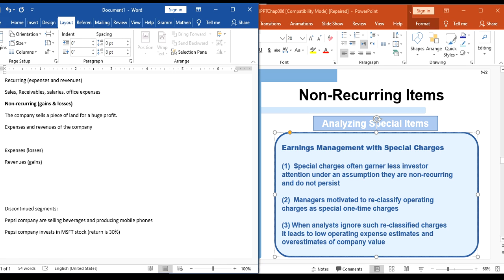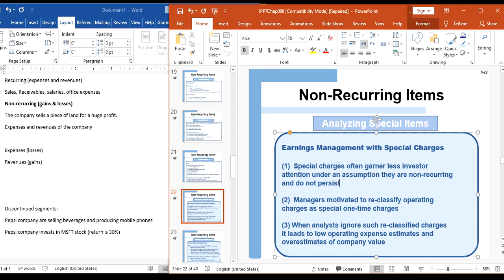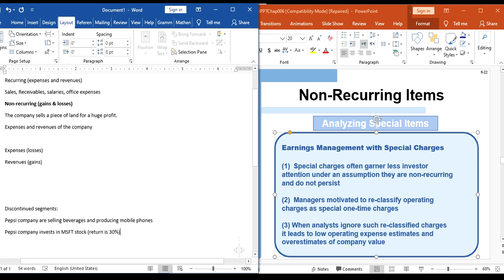Managers are motivated to reclassify operating charges as special one-time charges. So more or less we are talking about the returns or the revenues, the gains. What about the losses?